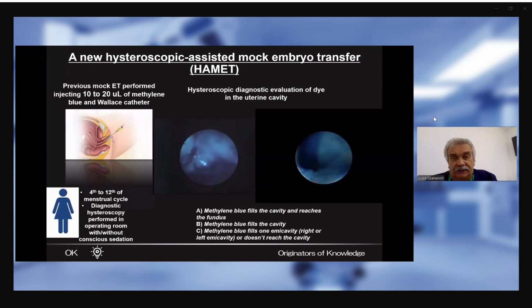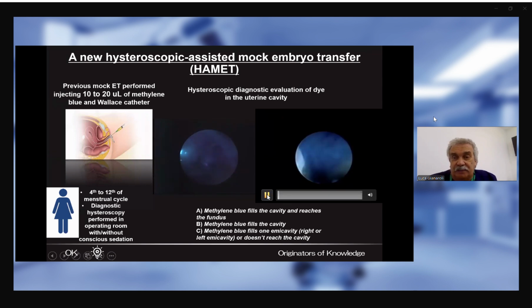He collected the data by himself: before doing a simple diagnostic hysteroscopy, he performed a mock embryo transfer using 10, 20 microliters of methylene blue, and then performed the diagnostic hysteroscopy. During this study, he also went through some pathologies.